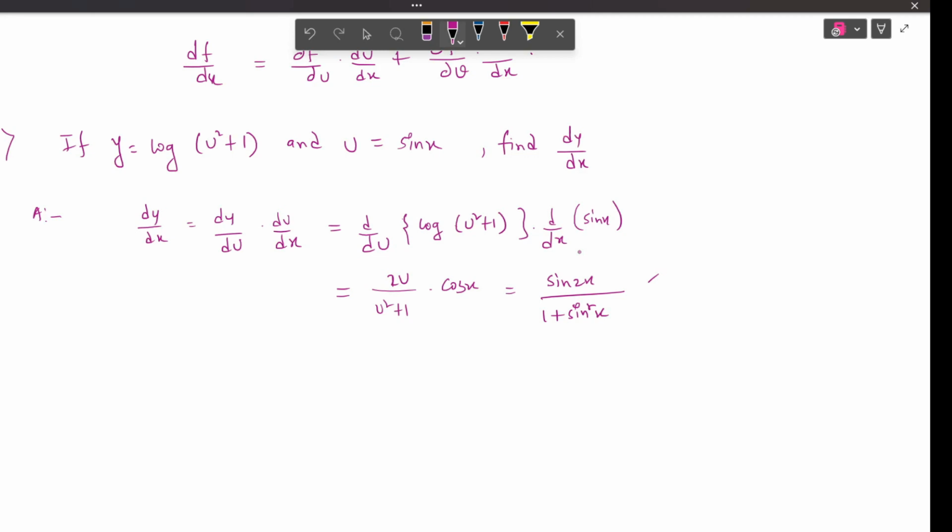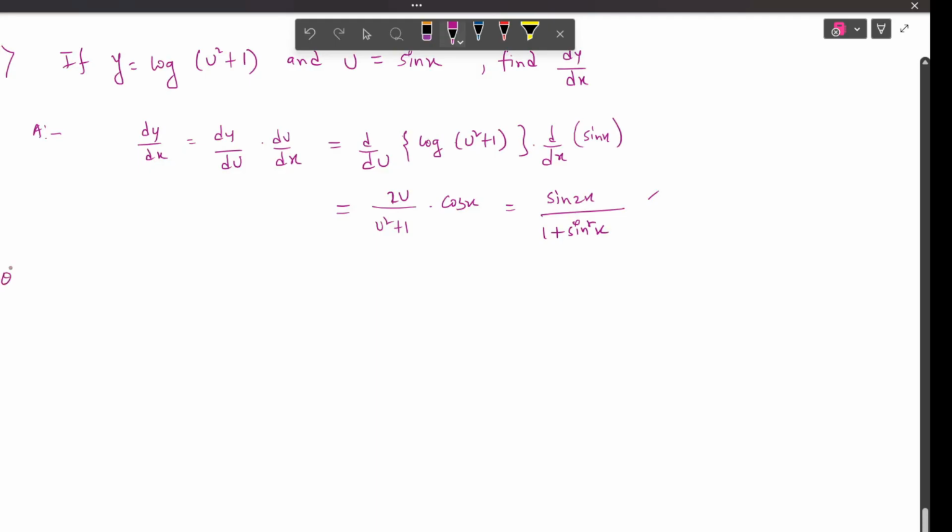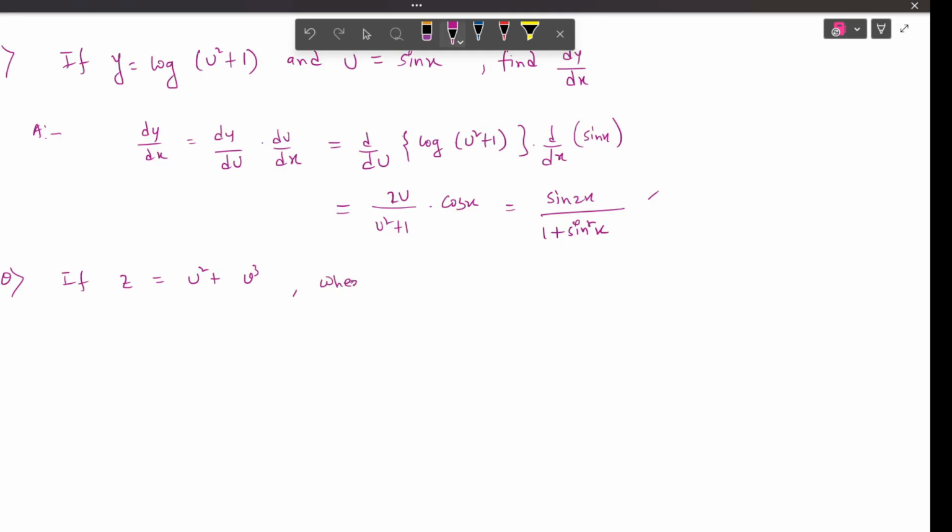Now let us see another question so that it will be more clear. If z is u square plus v cube, where u is sine of xy and v is y square, find del z by del x and del z by del y.